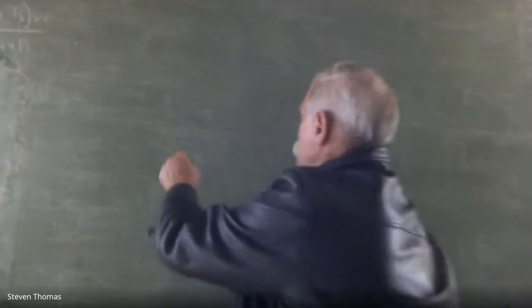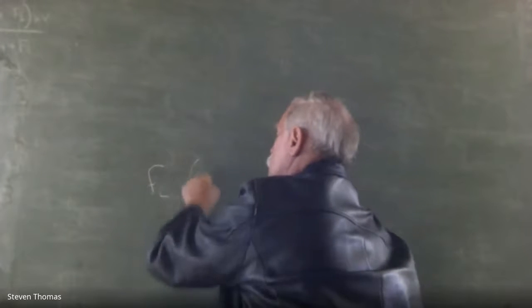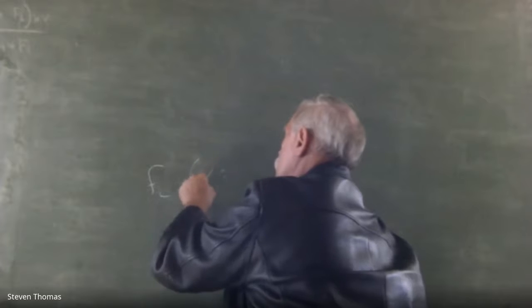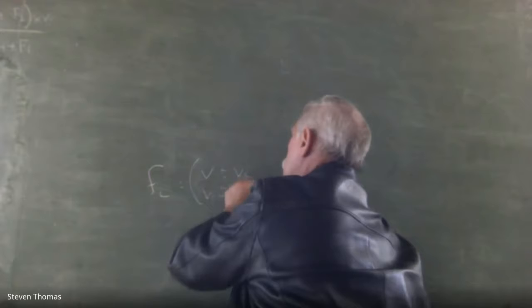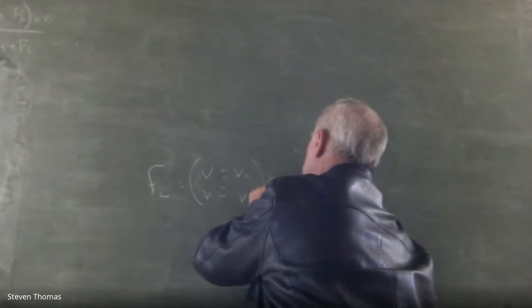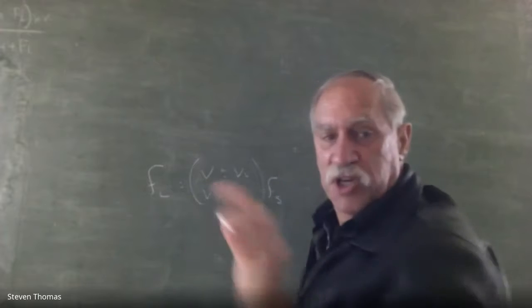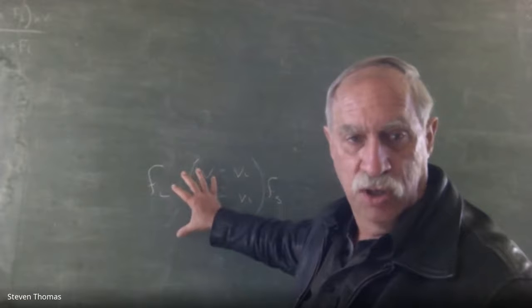So you've got your formula. The frequency of the listener equals v plus or minus the velocity of the listener, over v plus or minus the velocity of the source, times the frequency of the source. But don't forget, you're going to write this exactly as it is on the data sheet.